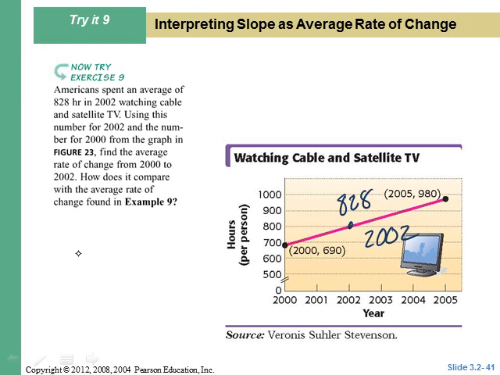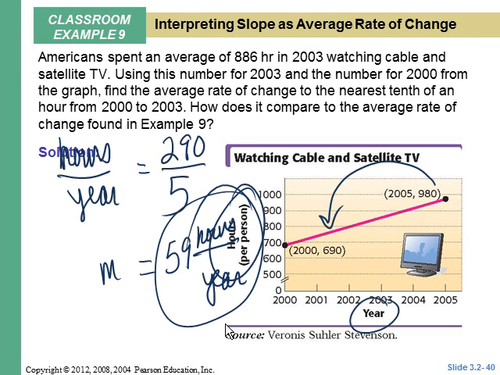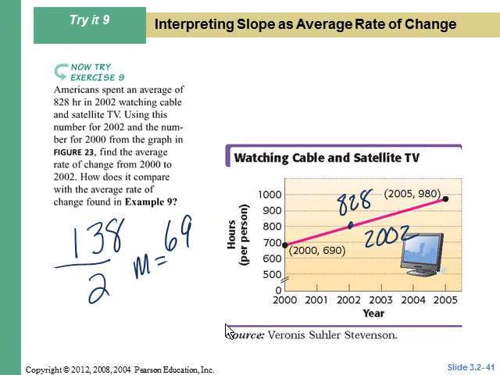So we've got 828 minus 690 is 138 over the change in x. 138 divided by 2 is 69. So if you notice, it's a little bit more because we had 58 hours per year. Now we've got 69 hours per year here.